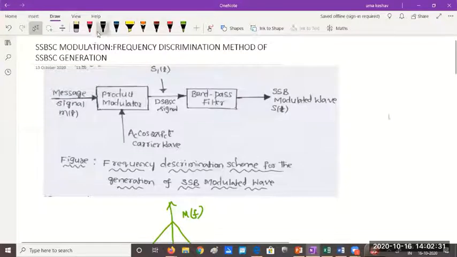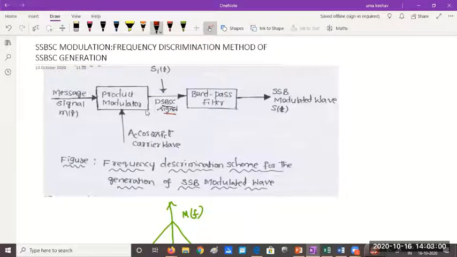Here we use a simple multiplier or product modulator, wherein we feed the message signal and the cosine carrier, and the output we get is the DSB-SC signal, the double sideband suppressed carrier signal. Message into carrier.